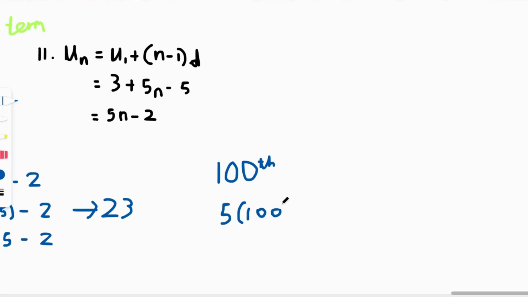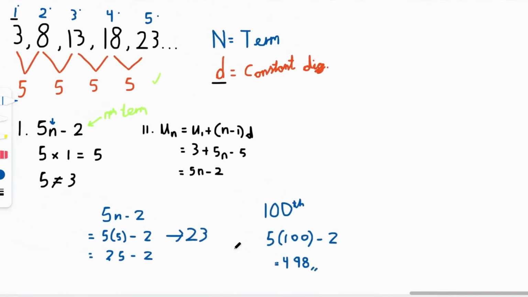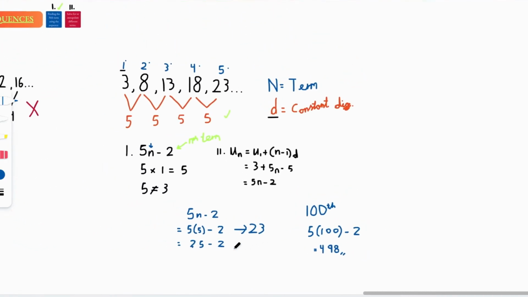So 5 times 100, close brackets, minus 2. That's 500 minus 2, as we can see, 498. And this is the value. You shouldn't check because you would need to add 5 a lot of times, but this is the value.